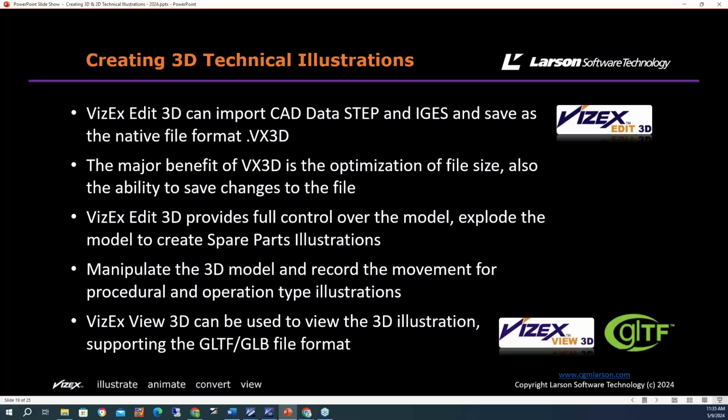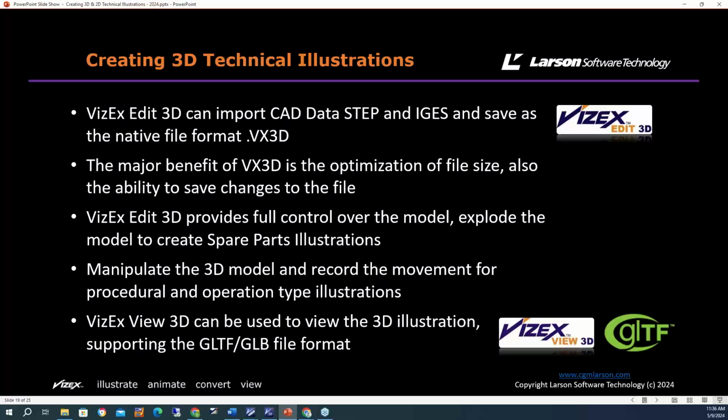So creating 3D illustrations. VizEx Edit, we've just seen VizEx Edit 3D. It can import CAD data from Step and IGES. One thing that kind of happened in the background there is we saved as our own native format called VX 3D. The reason we do that is we can save what we do to that Step or IGES file and then go back and change it.